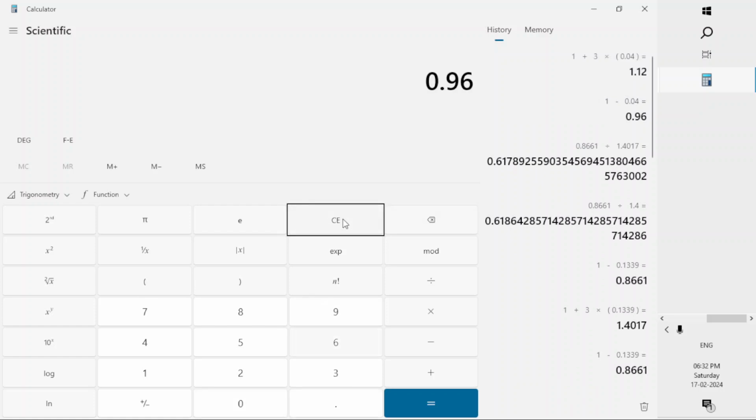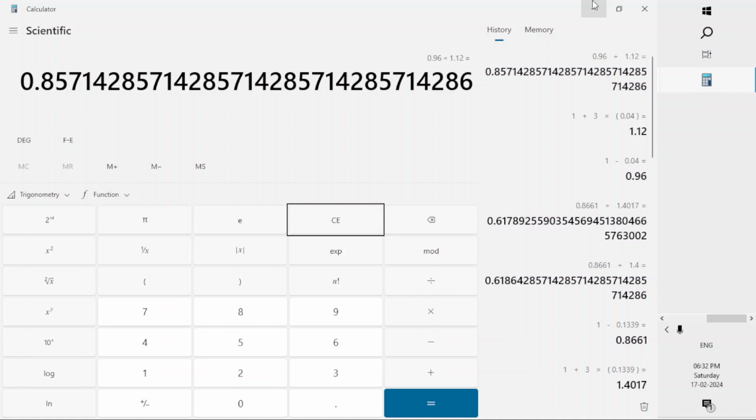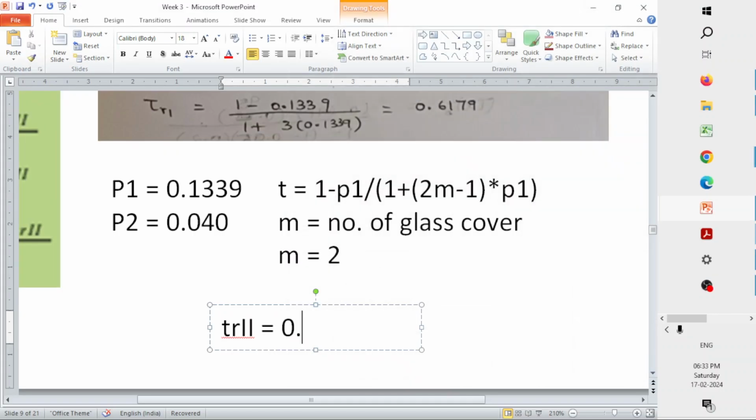So 0.96 divided by 1.12 is 0.857. I hope others have calculated the same, tau R2 is 0.857.